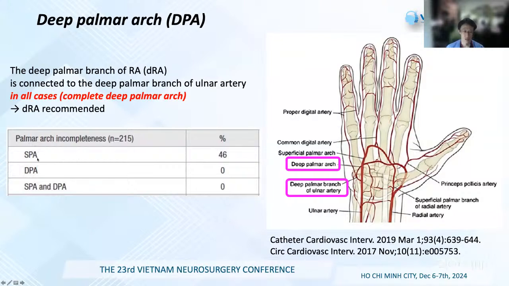In the superficial palmar arch, in 46 cases the arch was incomplete, whereas the deep palmar arch was complete in 100% of cases. So we use the distal transradial approach first.